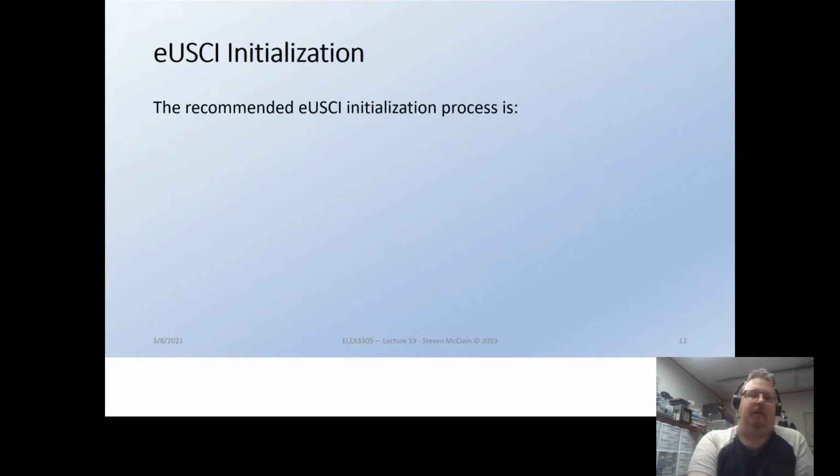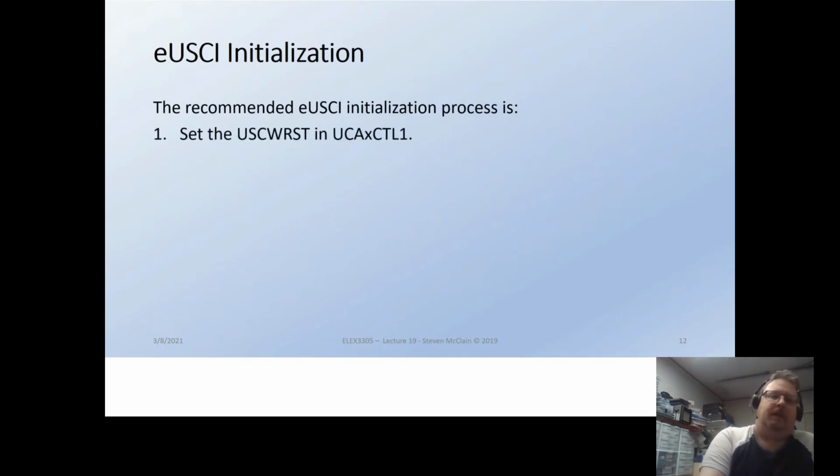Okay, so to initialize the eUSCI, we're going to set the UCSWRST reset bit in control register 1. We're going to set that bit, and that's putting in the clutch, like what we talked about with the A to D converter. You're putting in the clutch.